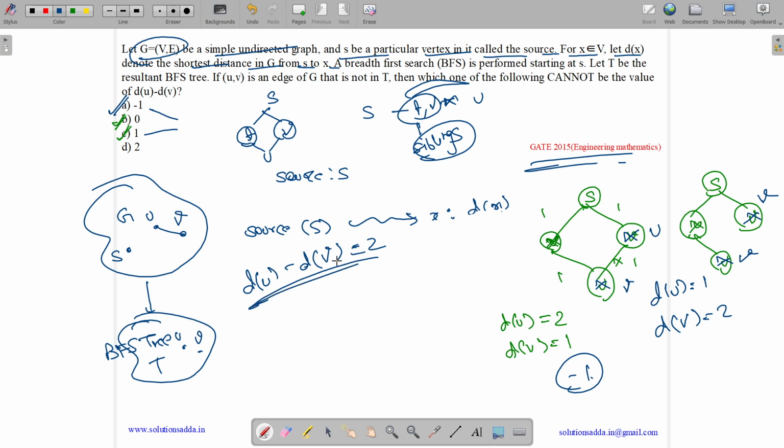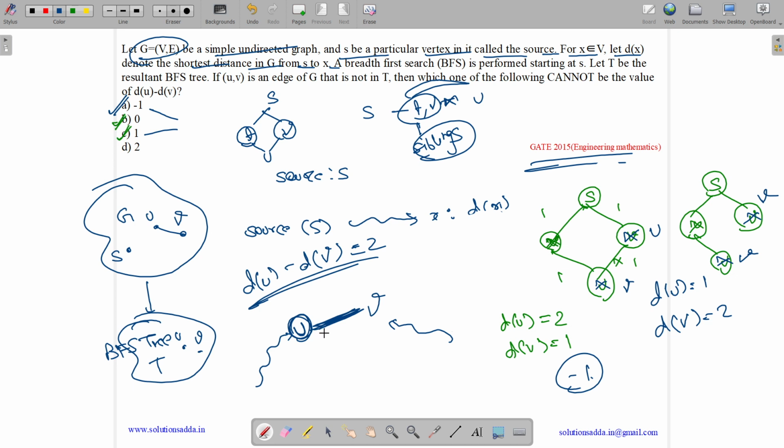This case is not possible because we have a BFS, so either first we will visit U or we will first visit V, and we have an edge from U to V. Now in either case we will put all the neighbors of U. Suppose we visit U first, then we put all the neighbors of U first. So in those neighbors V will also come.